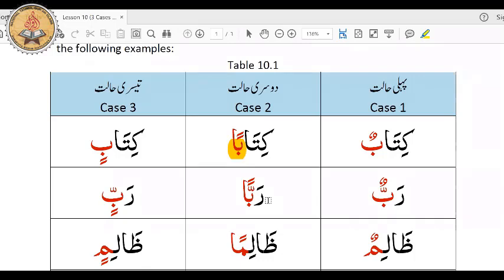And you will find that the parents, the father and mother, are also some kind of Rabb, Rabbirhamhuma kama Rabbayani Saghira. And similarly, the chief or master is also called Rabb.